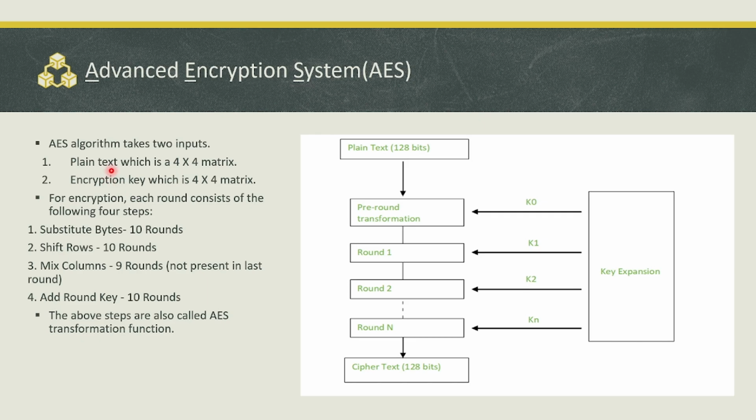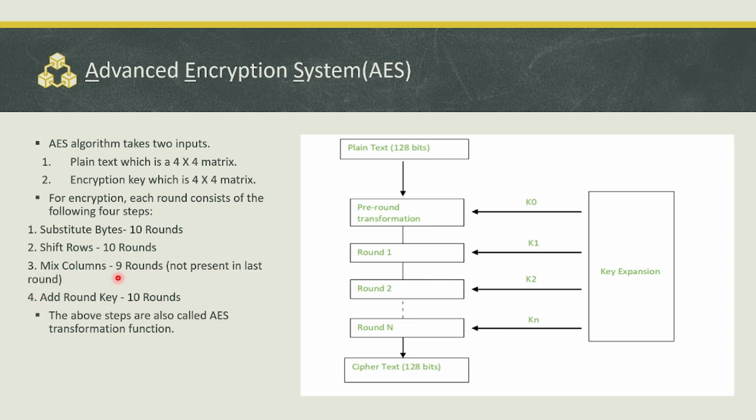So the AES algorithm takes two inputs. We saw in the last slide that it takes a 4 cross 4 matrix of plain text, and it will also take the encryption key, which is also a 4 cross 4 matrix. For encryption, in each round the following four steps will happen. The first step is substitute bytes, second is shift rows, third is mix columns, and fourth is add round key.